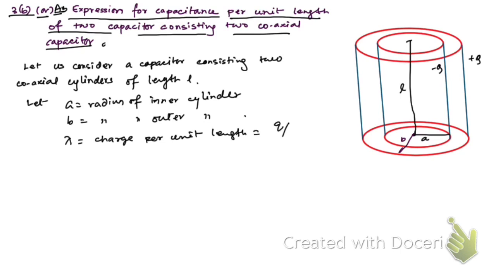That is Q by L. So if I have considered here capital Q, then it's going to be capital Q, right? Okay, so capital Q is the charge on its plate, its cylinder. Okay, so let me take that way.